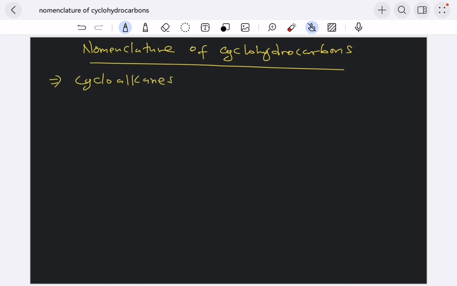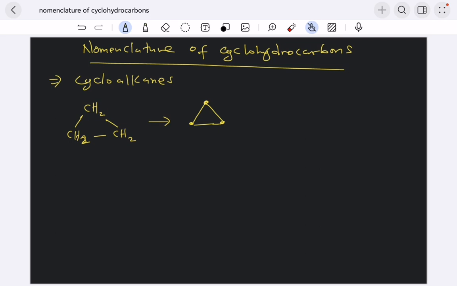These exist in the form of rings. So we can have something like this: CH2, CH2, something like this, which can also be presented like this.